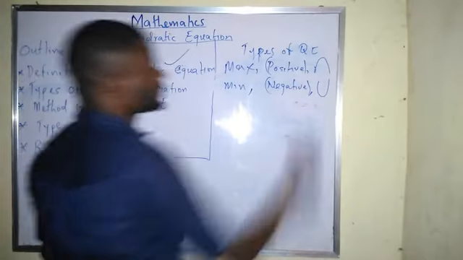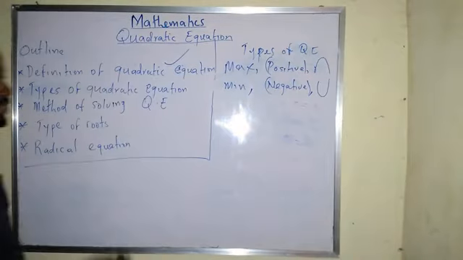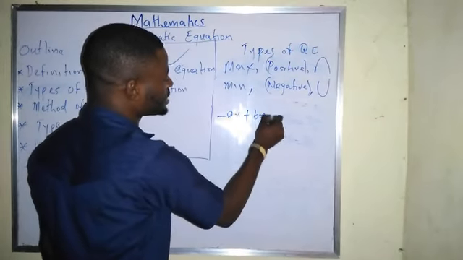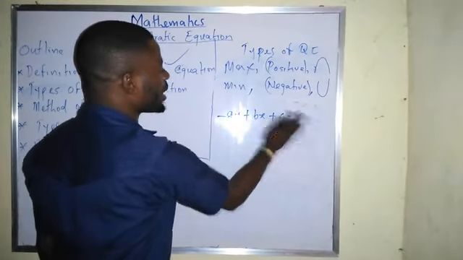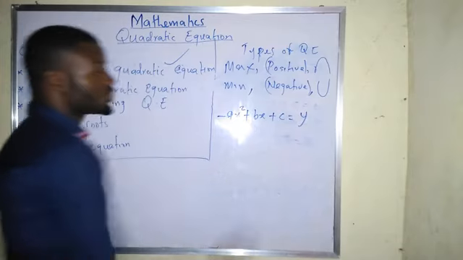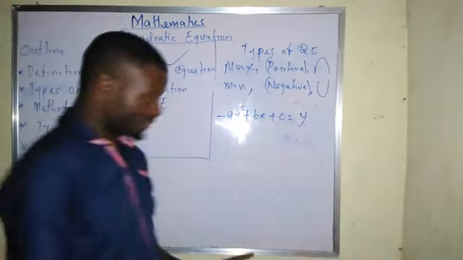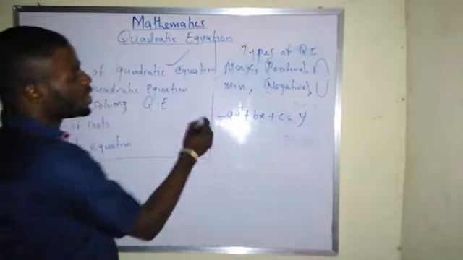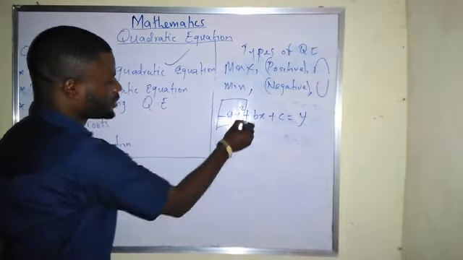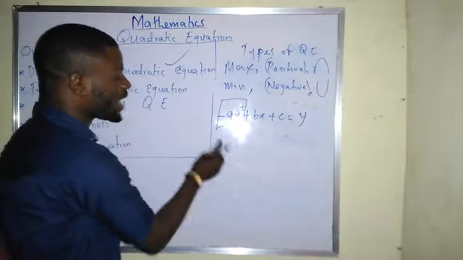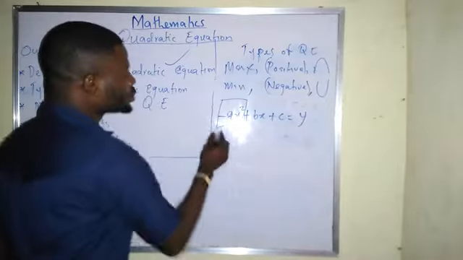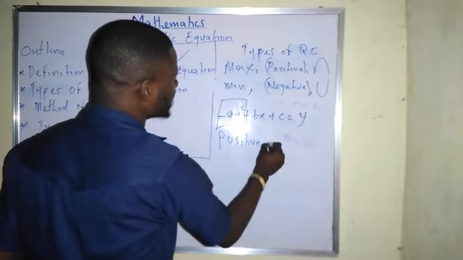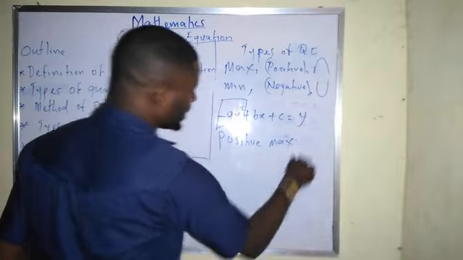Now, what is the indicator? The indicator lets us know, when we talk about ax squared plus bx plus c equals y, that the story has changed here. I'm working towards a graph now. If it is a graph, there must be two variables, x and y. If the coefficient of x squared is minus, this illustrates a maximum quadratic equation.